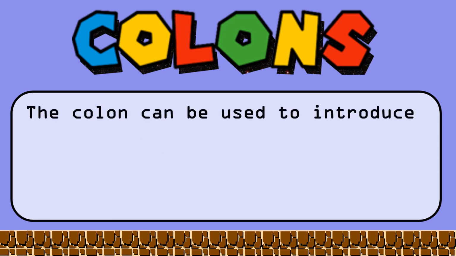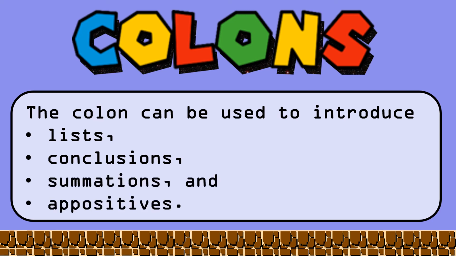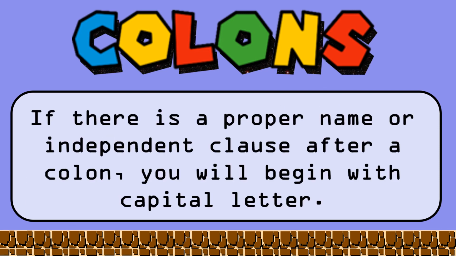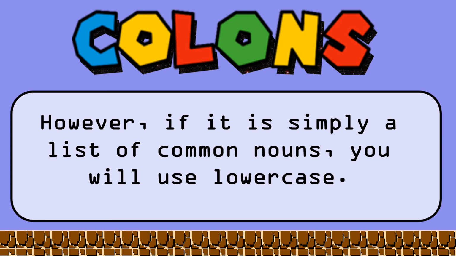Once you have that, though, the colon can then be used to introduce lists, conclusions, summations, and appositives. Again, the appositives are simply a renaming of something. And on a final note for the colons, if there's a proper name or independent clause after the colon, you will begin with a capital letter. However, if it's simply a list of common nouns after the colon, then you will only use lowercase.